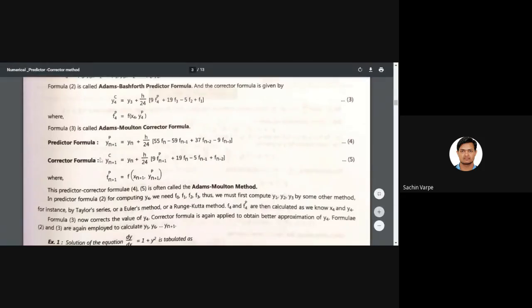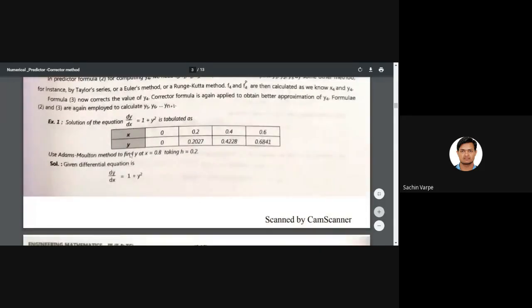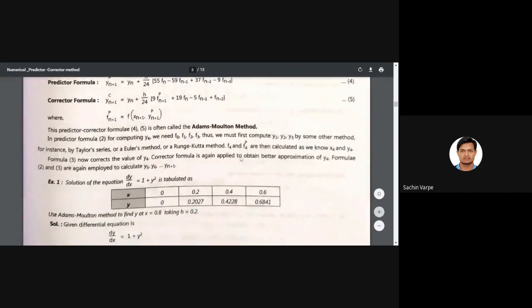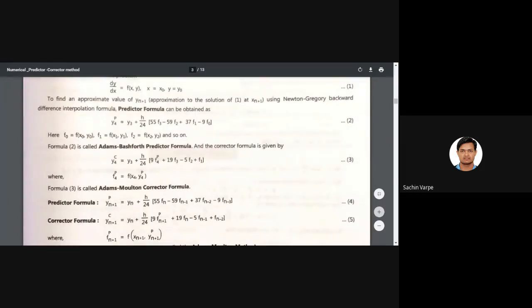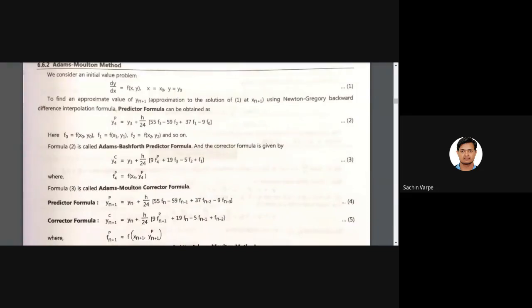With the help of this, we'll get the required ordinate. That's all about the Adams-Moulton method. Is there any doubt with the formulas? Everyone, please reply if you have any doubt.